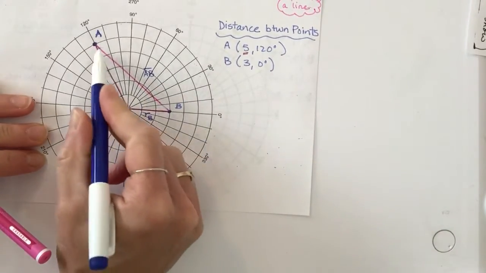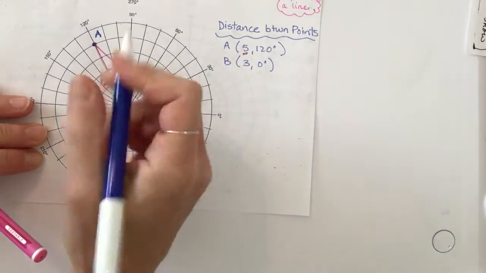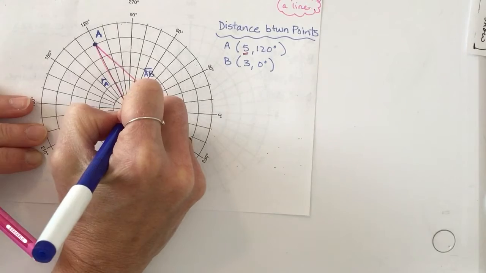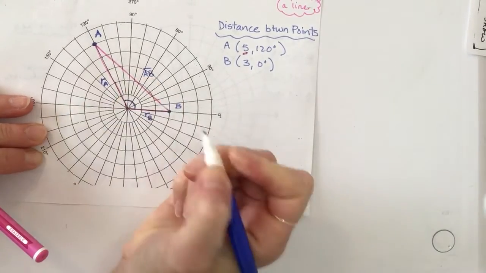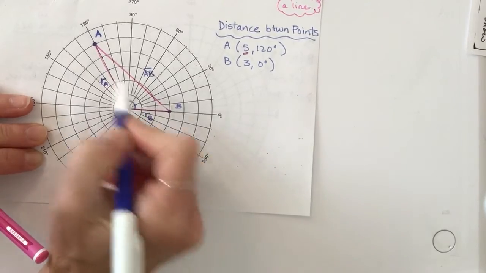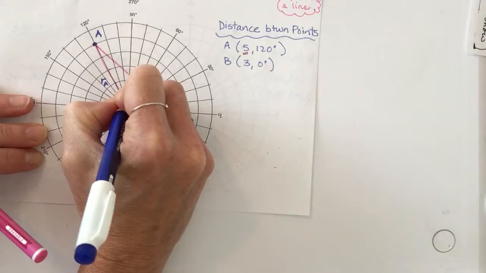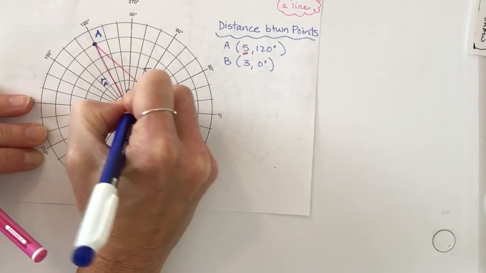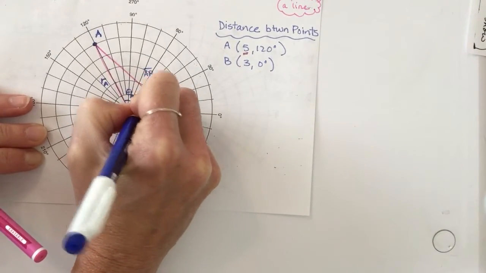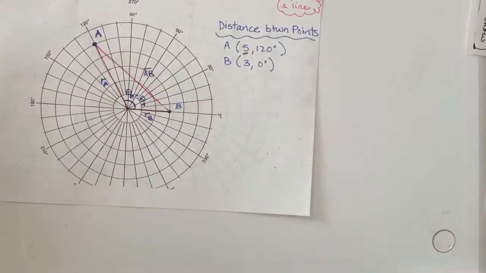Now, look at this triangle. If we know this side, and we know this angle in here, this angle is theta B minus theta A, or A minus B, however you want to do it. It's the difference between the two angles, right?